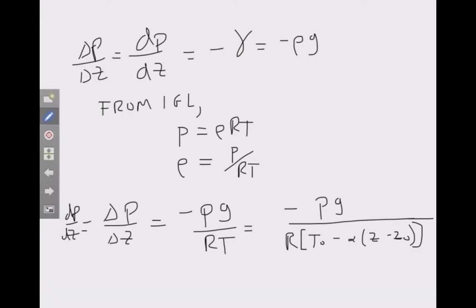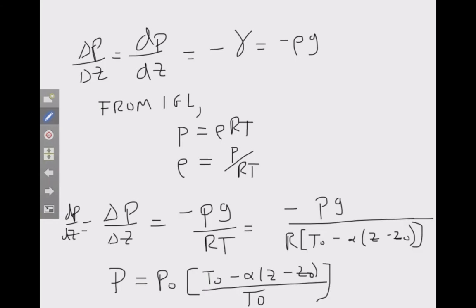If we integrate this equation to find the pressure, we find that the pressure P is equal to the surface pressure P0 times T0 minus alpha Z minus Z0, which is our original temperature, divided by T0, all to the power of g over alpha R. So it's a complicated pressure equation, but this is how we can approximate the pressure decrease with altitude in the troposphere, the lower part of the atmosphere.